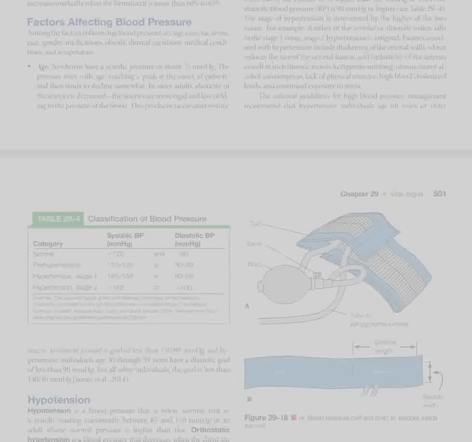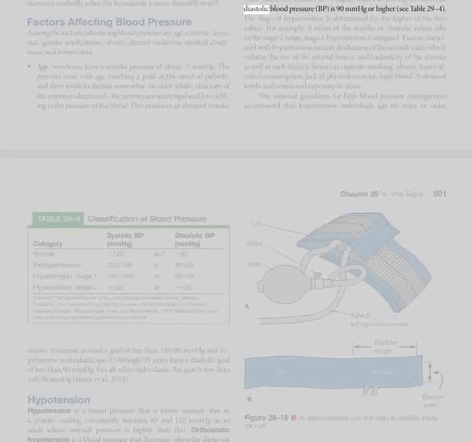Hypertension is when either the systolic BP is higher than 140 mmHg or when the diastolic blood pressure, BP, is 90 mmHg or higher, see Table 29-4. The stage of hypertension is determined by the higher of the two values. For example, if either of the systolic or diastolic values falls in the stage 2 range, stage 2 hypertension is assigned.